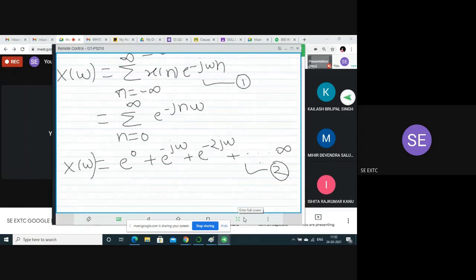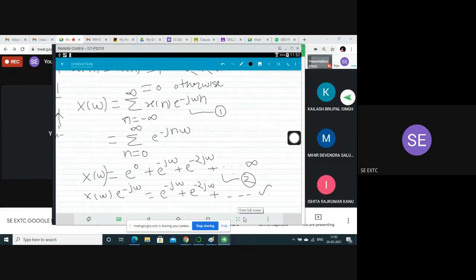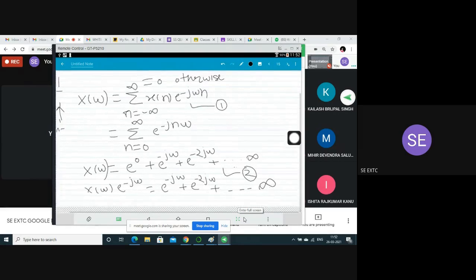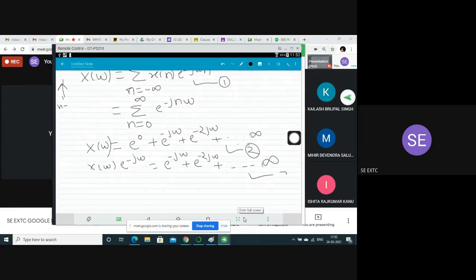Now we multiply x of omega into e to the power minus j omega, which is equal to e to the power minus j omega plus e to the power minus 2j omega plus and so on up to infinity. So this will become equation number 3.